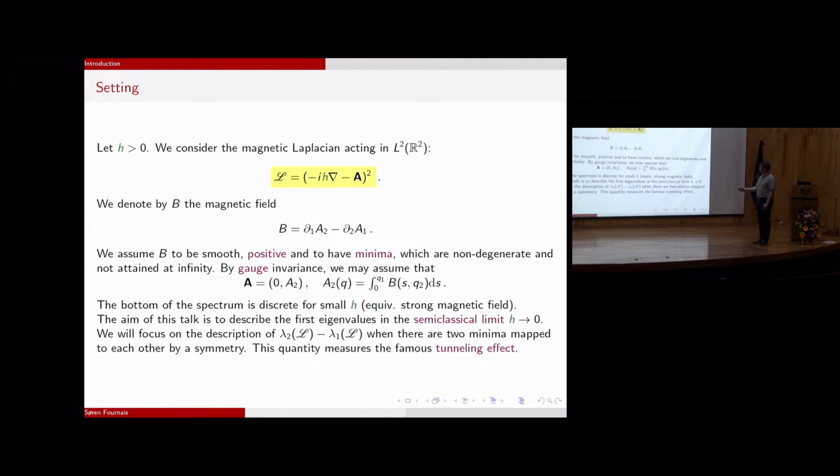And so what we want to do is calculate the splitting between the second eigenvalue and the first eigenvalue of our operator, which looks like this. Of course you can discuss what the measure of the tunneling effect is, but for me, this eigenvalue gap, that I expect to be very small, but even still, this is the tunneling effect for me.